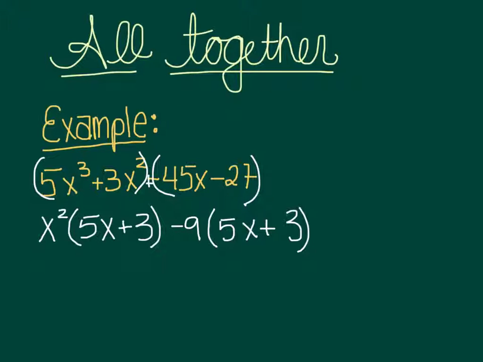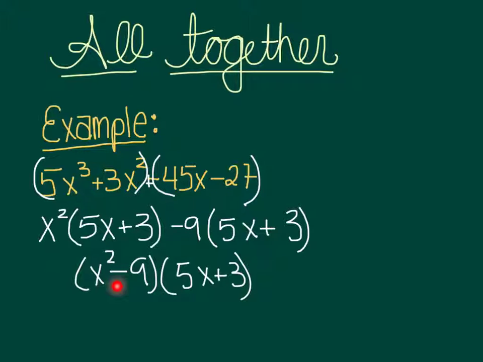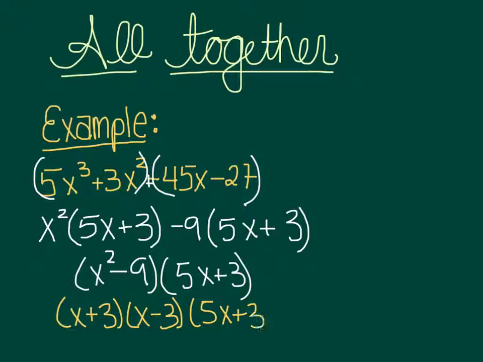Here I've factored out a GCF for the first time, and I have my matching set of parentheses, so I'm all set. And now I've regrouped, but please notice here, x squared minus 9, that's the difference of two squares. So I'll actually finish this off by doing x plus 3, x minus 3, then times 5x plus 3. So I have 3 factors there.